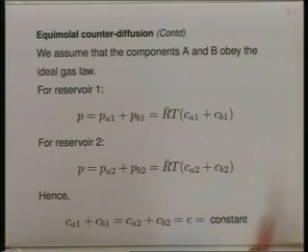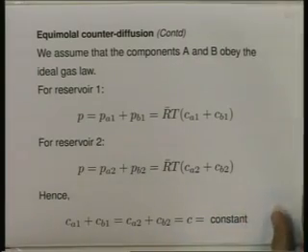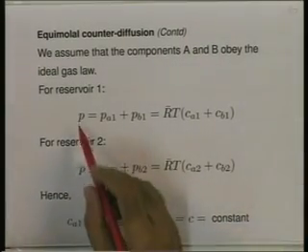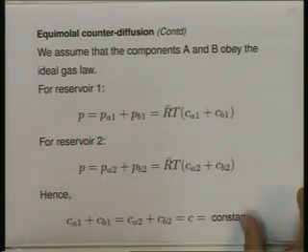Because the number of moles and molar density in reservoir 1 must equal that in reservoir 2 at any time during the process, because the pressure remains constant, we have assumed the reservoirs to be large enough.